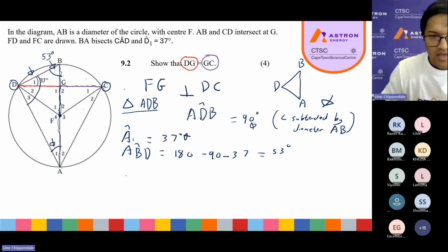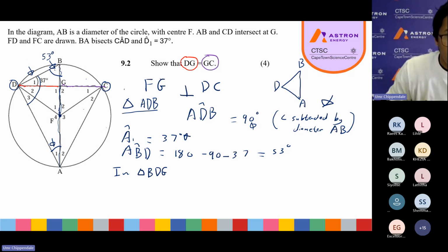Now we go and look in triangle BDG, which is this one over here, on the other side. This small one over here. So now we know there is a 53 and a 37. So in this shape, the leftover angle we are speaking about is DGB.